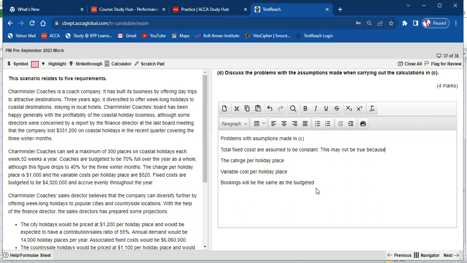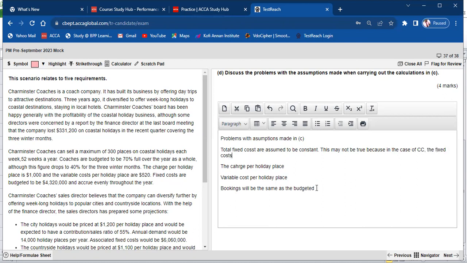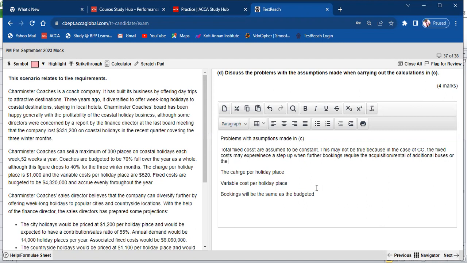This may not be true because in the case of CC coaches, the fixed costs may increase or may experience a step up when further bookings require the acquisition or rental of additional buses or the employment of additional staff.